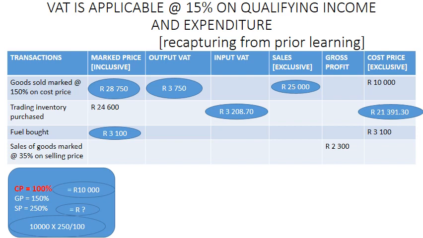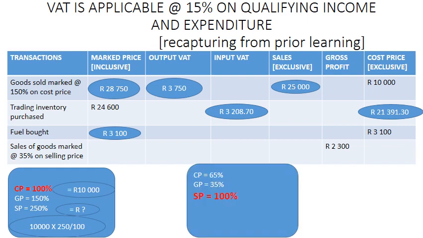Now, to calculate the missing figures, we again analyze the information given, where the mark price was calculated on the base of selling price at 35%. To do that, we will use the selling price as our base.